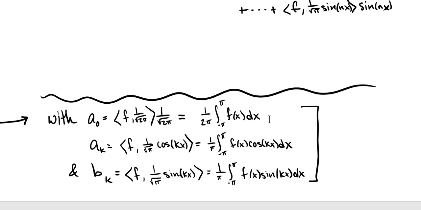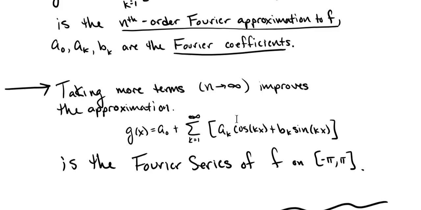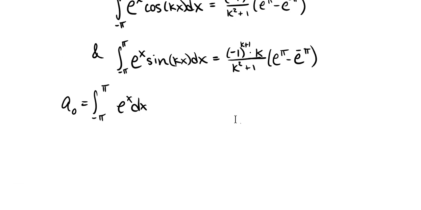Oh, sorry, a naught is 1 over 2 pi times that. Very important. This is pretty easy to integrate. This is 1 over 2 pi times e to the pi minus e to the negative pi.